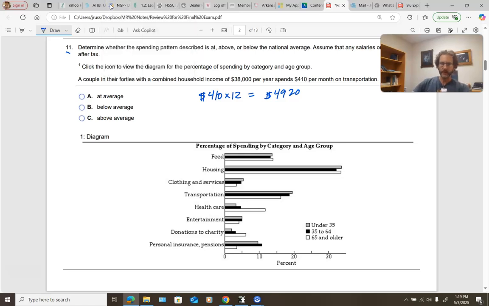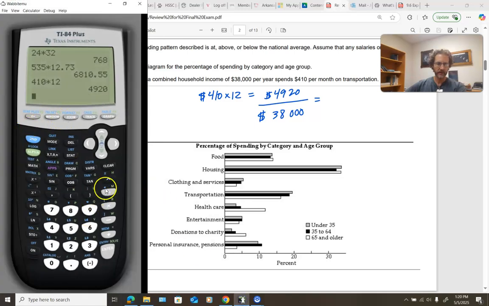Now we're going to divide this by their total salary. It's $38,000. Okay. They must work in education. All right, now when I do this division, I'm going to get a decimal. And then we'll convert that decimal to a percentage.